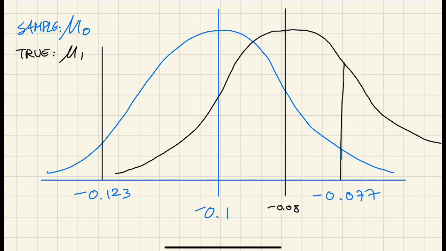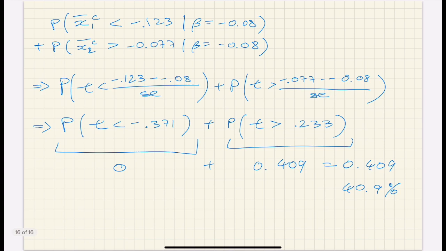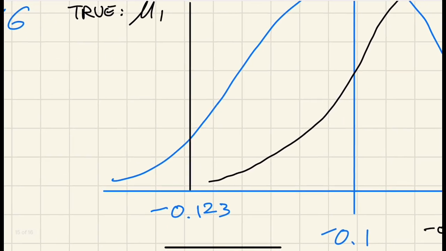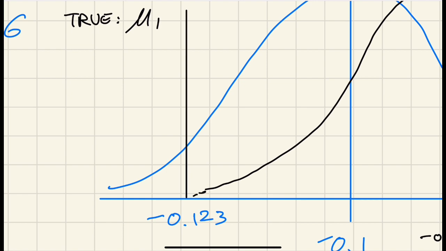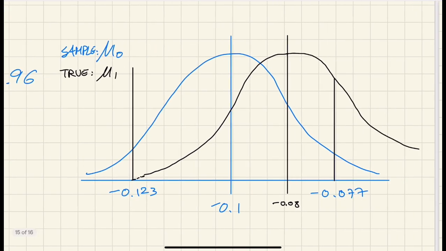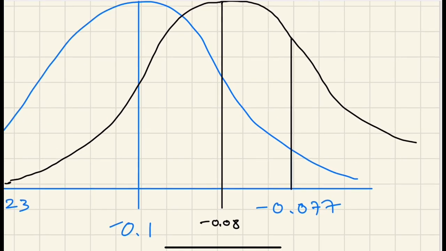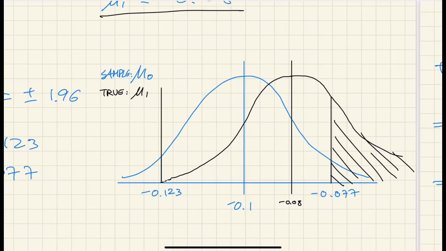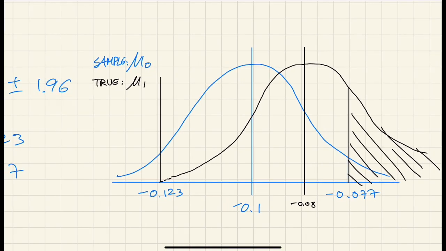From the question, we know that from the left we have 0%, so the two graphs should not intersect. And from this side, we have 40%, which is all this area here. And that's it for this question and for this concept of power of test.